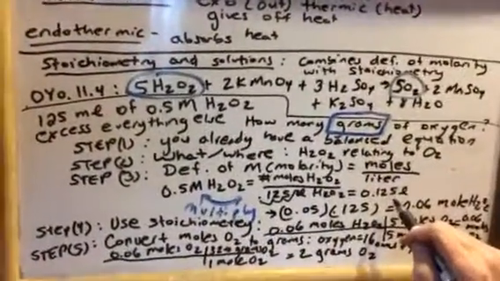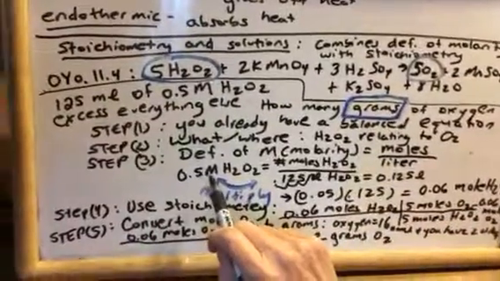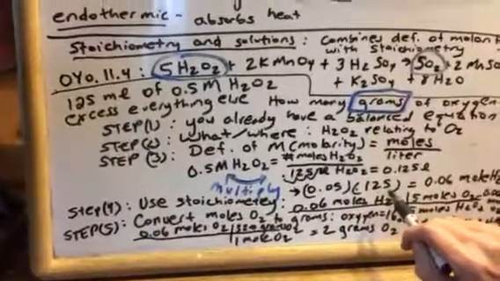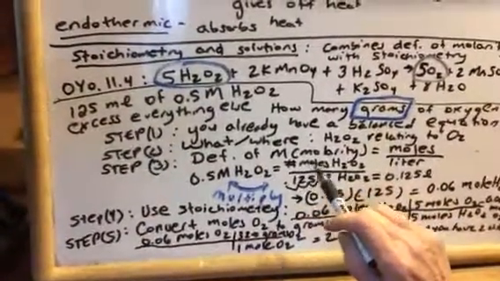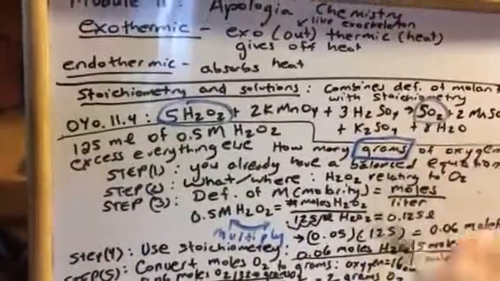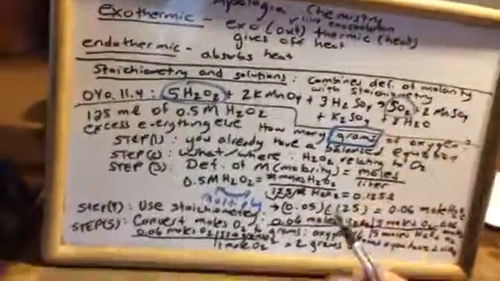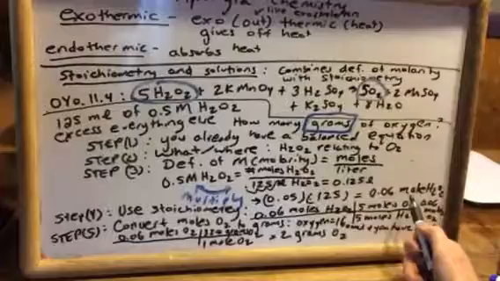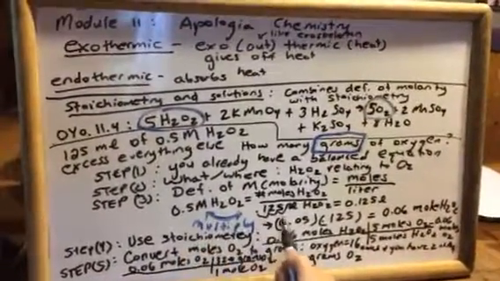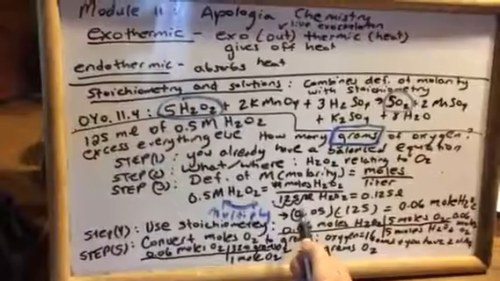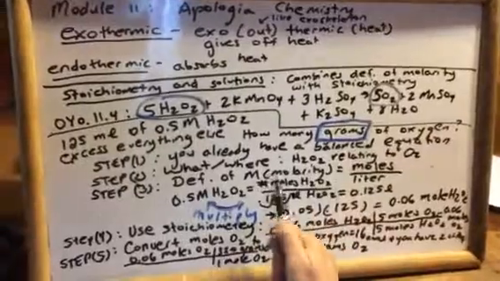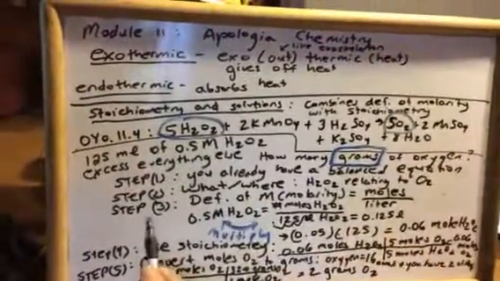If we know the molarity and the volume, we can multiply those two together and find the number of moles. Once we have the moles, we can use the recipe to find the moles of oxygen. So we multiply 0.5 times 0.125 and get about 0.06 moles of H2O2. That's the molarity times the volume, which gives us the number of moles by the definition of molarity.